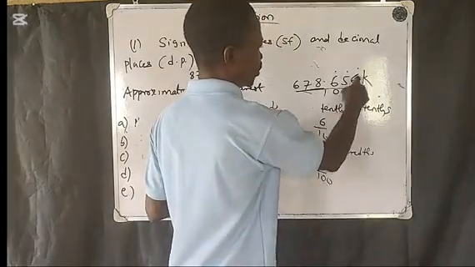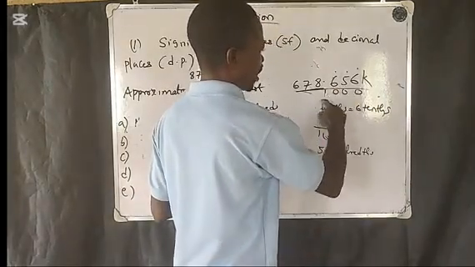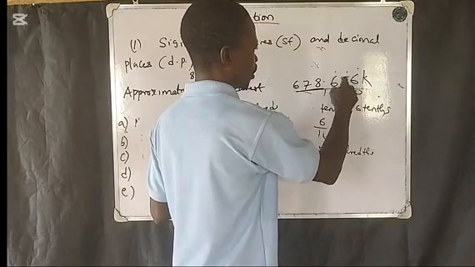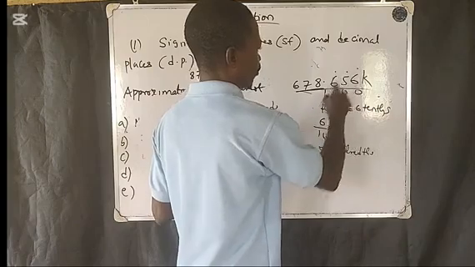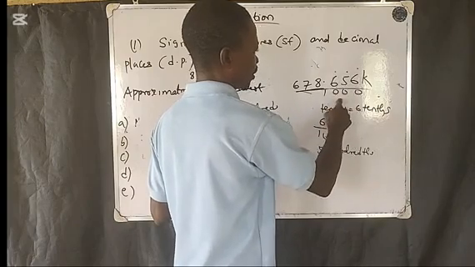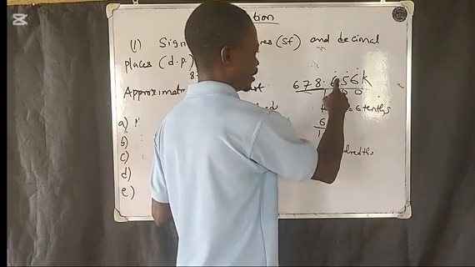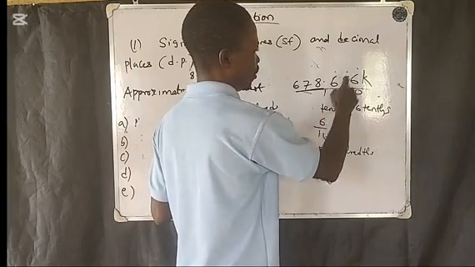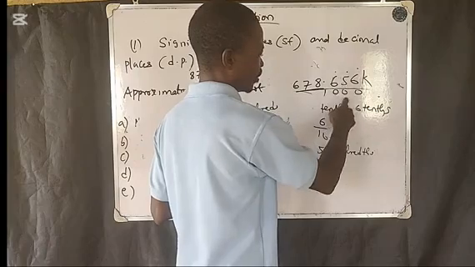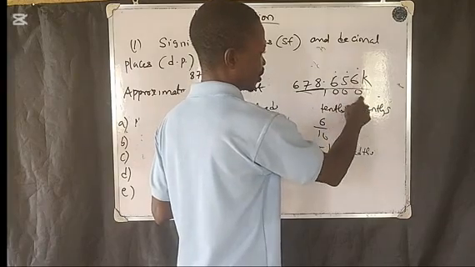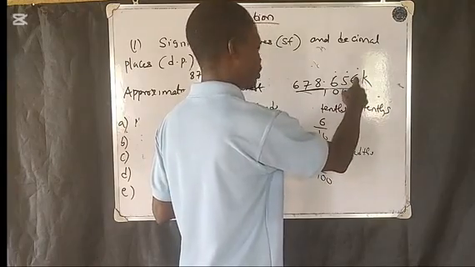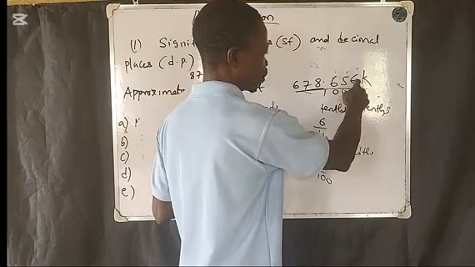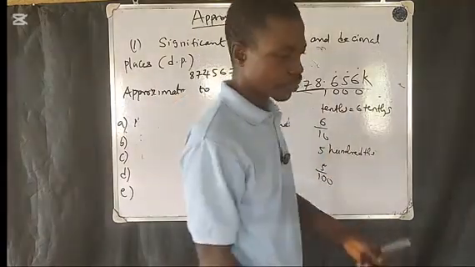So 5 over 100, 6 over 1,000, 6 over 10. Or simply write tenths or 6 tenths, hundredths or 5 hundredths, thousandths or 6 thousandths, or 6 over 1,000.